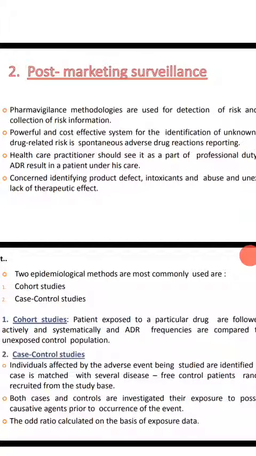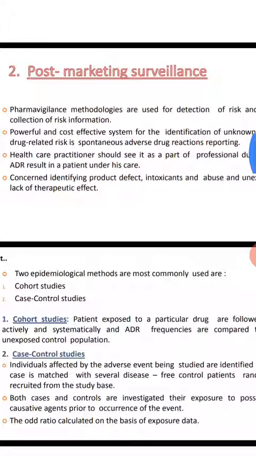This is the most powerful and cost-effective system for identification of unknown drug-related risk. Generally you can use the spontaneous adverse drug reaction reporting method for the detection of unknown adverse drug reactions during post-marketing surveillance.